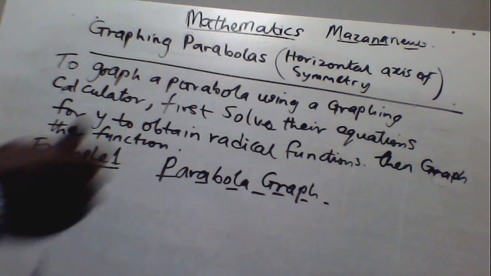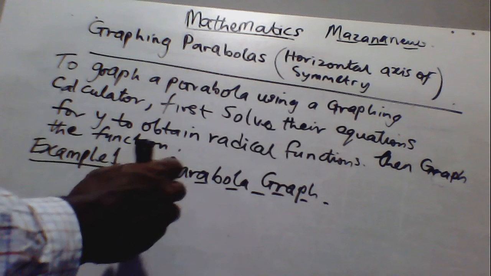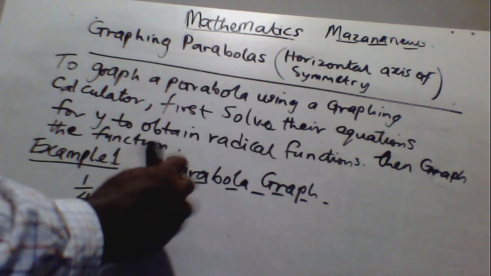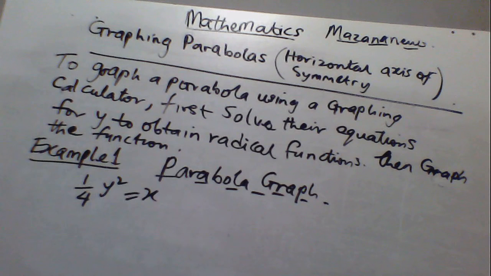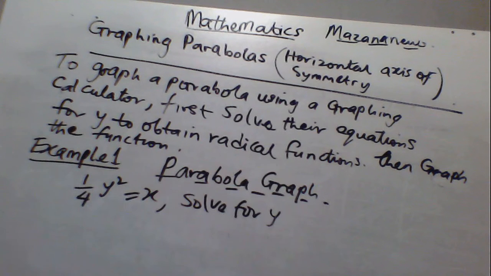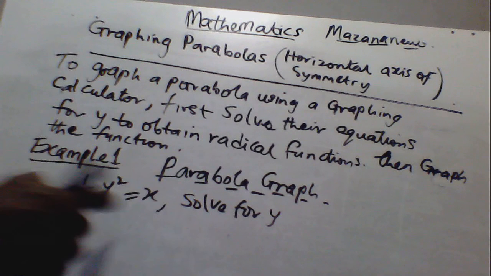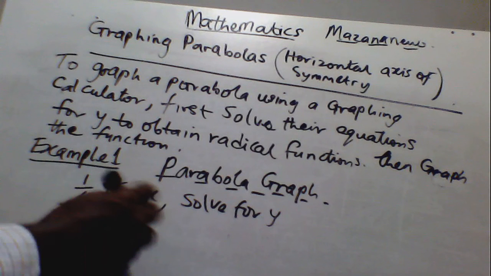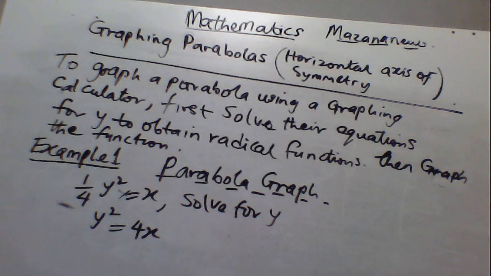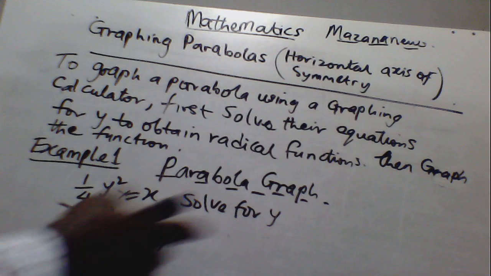If you are given 1/4 y squared is equal to x, solve for y. Multiply both sides by 4 to clear the fraction, or cross multiply. You have y squared is equal to 4x. So find the square root of each side.